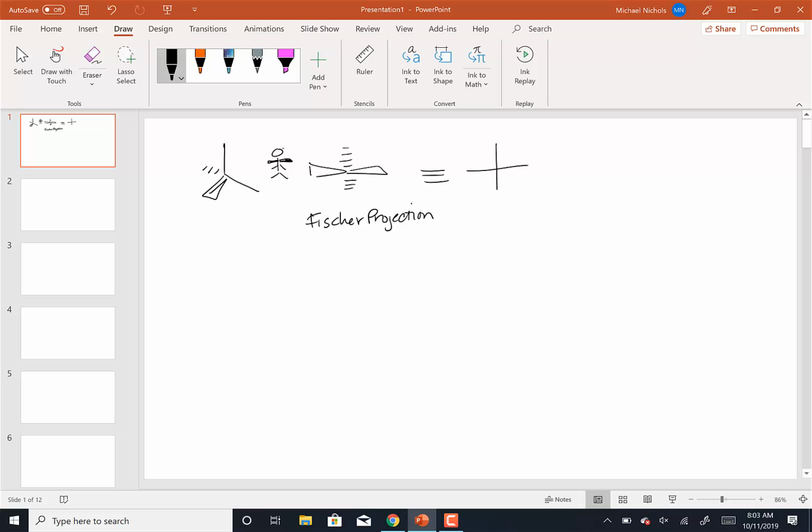And when you're dealing with a Fischer projection, sometimes group switching is the best way to approach this, simply because it doesn't matter whichever dashed wedge the four position is on, you just have to put it on one of them. And if I just tilted this Fischer projection a little bit, it would look like this.